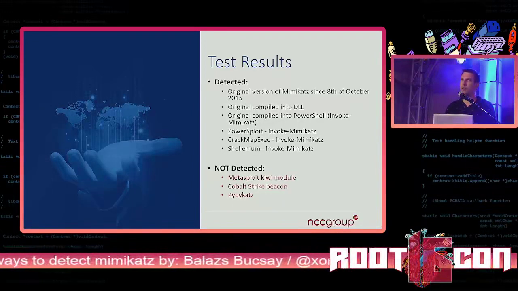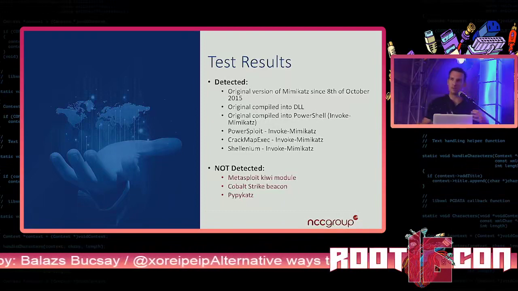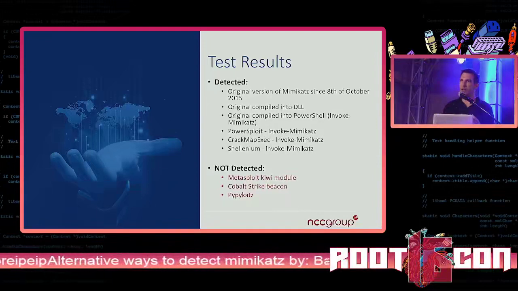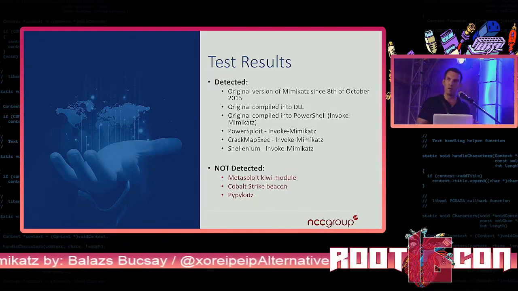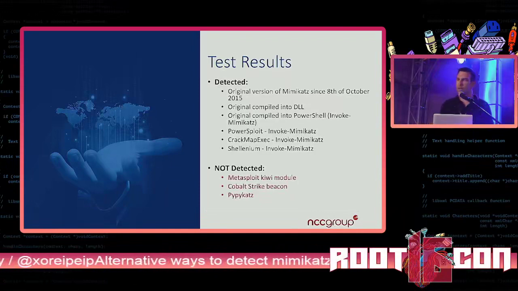The only thing is that they removed the BusyLight module. I'm not sure why. My guess is not because of this detection technique. The reason is, I think, because they just wanted to get a lighter, smaller version of the payload, which is easier to distribute. Obviously, if you have a smaller payload, it's easier and faster, and less detectable. So you can't really detect that with this technique, unfortunately.